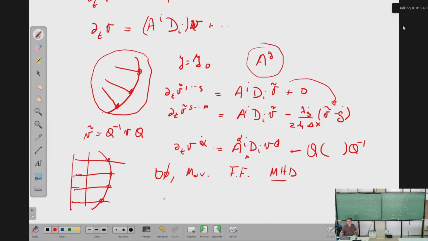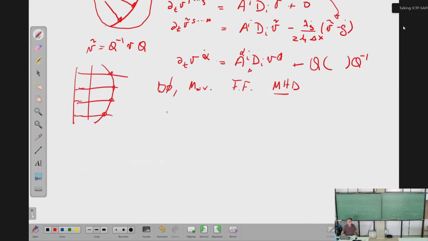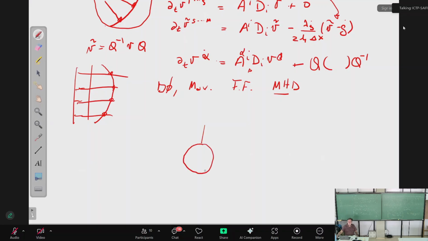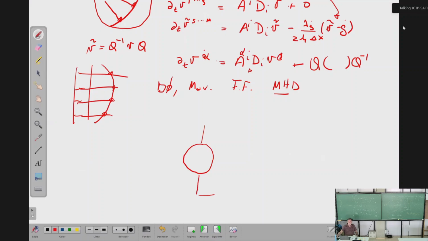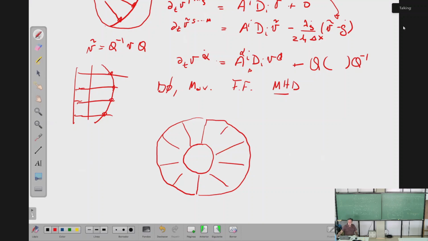That's not easy to do all the time, but for instance, we have a code where you want to take a hole here. You can do two grids, one grid that goes like this, and another one that goes like that. So there are two grids here.